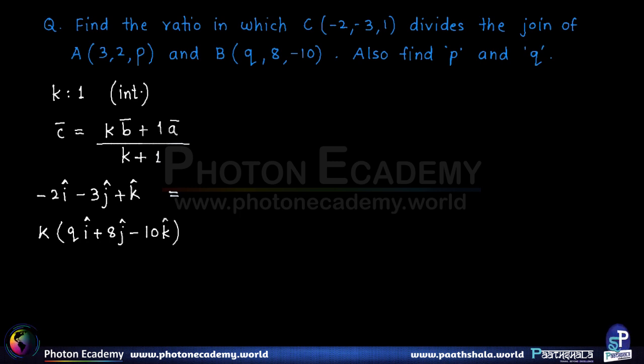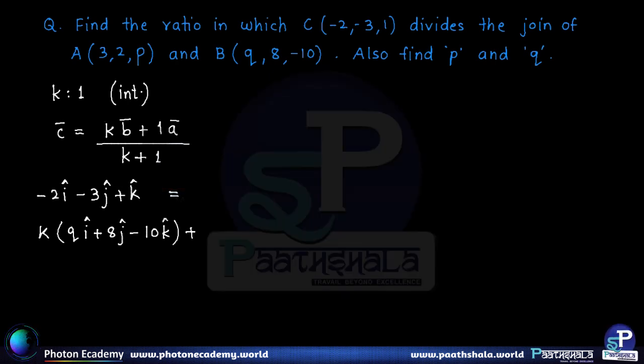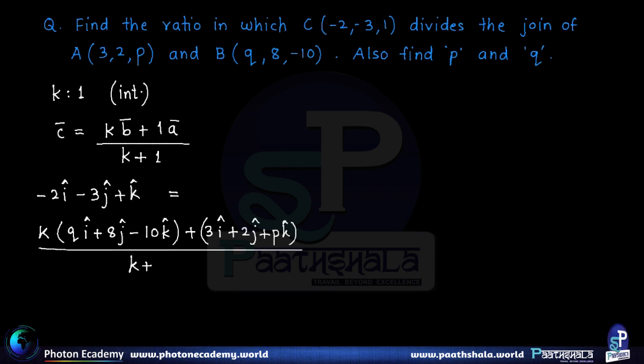Now here don't confuse between k and k cap, because if you write just k, it is a scalar. If you write k cap, then it's a vector. Plus A bar, that is 3i plus 2j plus p k cap, whole divided by k plus 1.